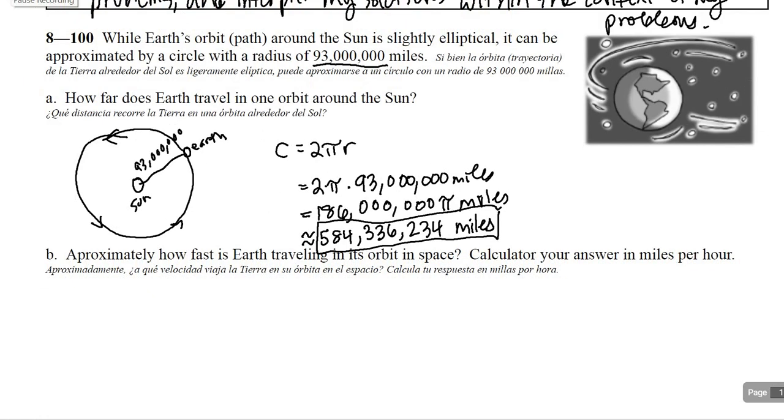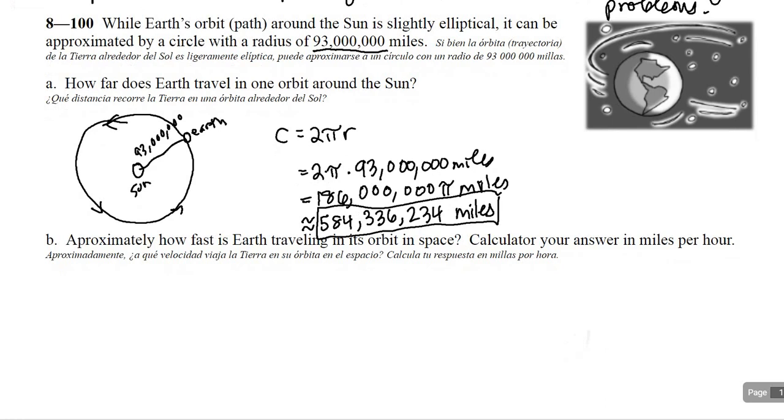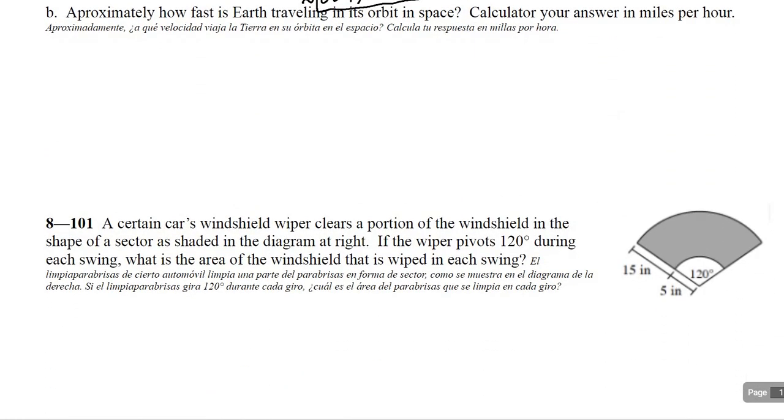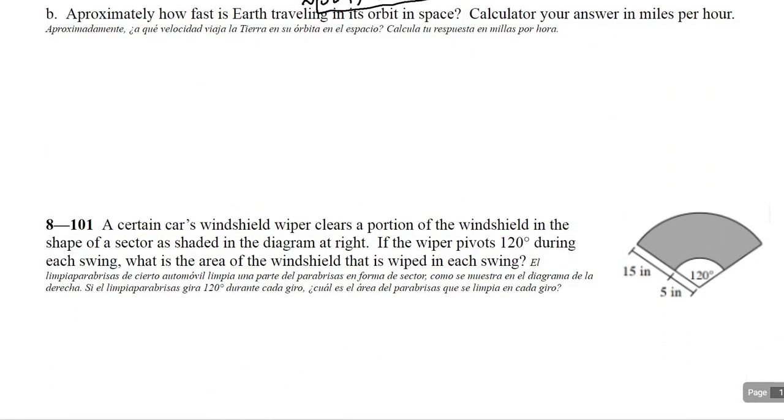Now we want to know how fast Earth is traveling in its orbit in space. I mean, to calculate miles per hour. We do have enough information to do this, assuming you know that a year is 365 days. So first of all, 1 year equals 365 days. We want this in miles per hour.